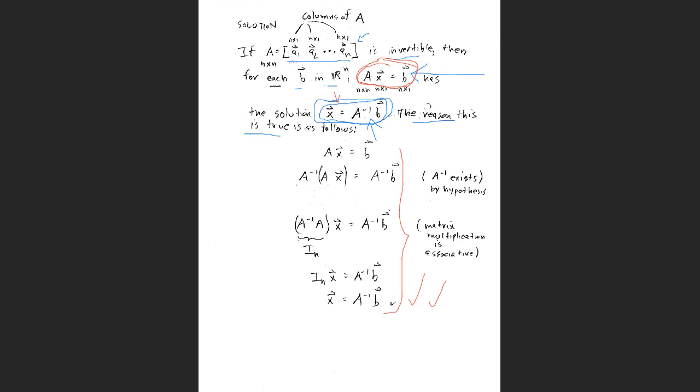May I go to the next page? This is nice, but we still have to prove that the columns of the matrix A span n-dimensional space. We're not there yet. But let's go to the next page.